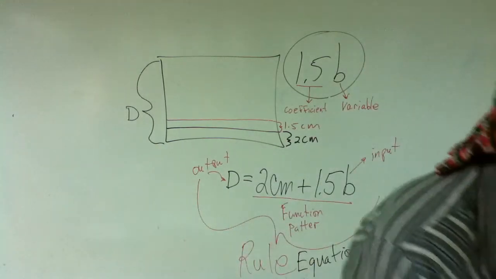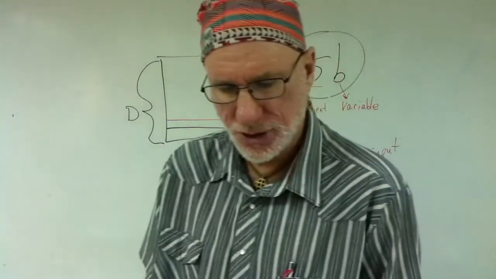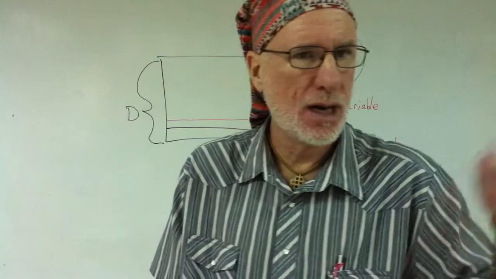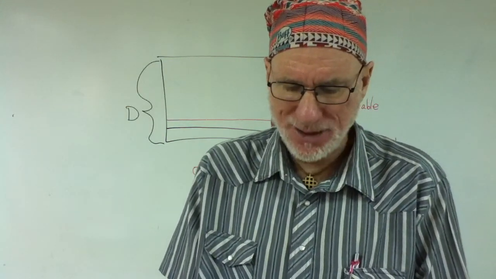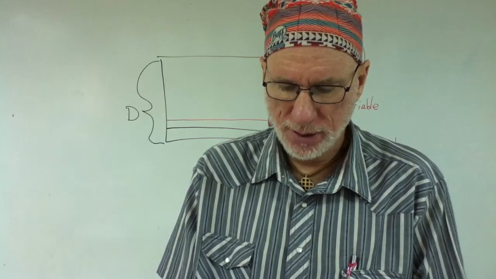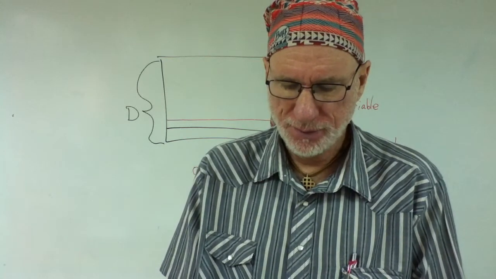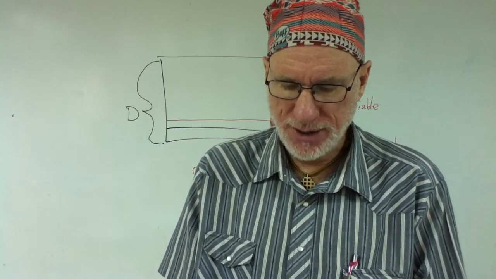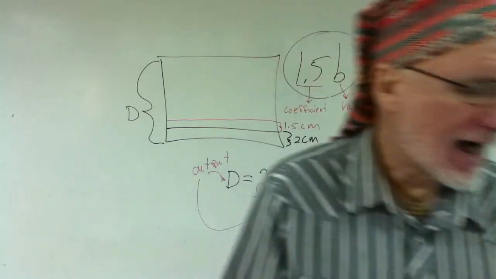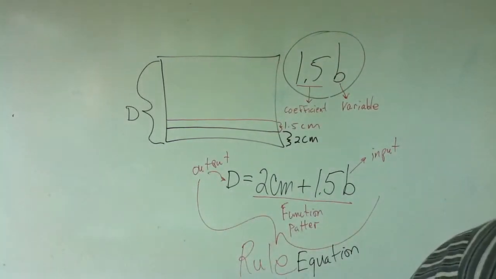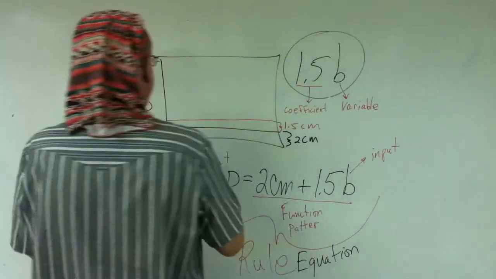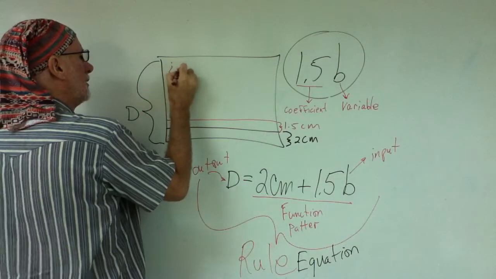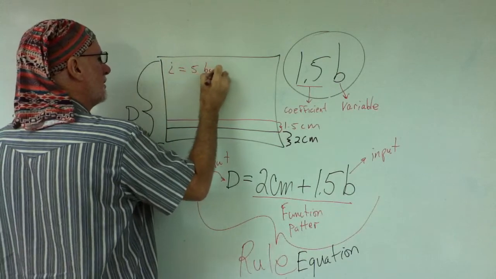Now, let's continue with this. We're almost done. We have one more part to do. I'm not going to show it on here. I'm just simply going to say, how deep is the water in the trough if Lars tips 5 buckets or 18 buckets? Okay, so B1 equals 5 buckets.